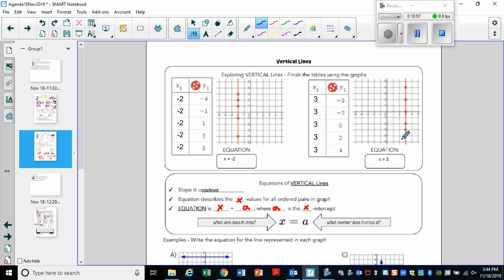Therefore, since we cross the x-axis, we would say x equals, so example on the left, -2. So our line is at x equals -2. And second example, our vertical line crosses the x-axis at x equals 3. So those are our respective equations.